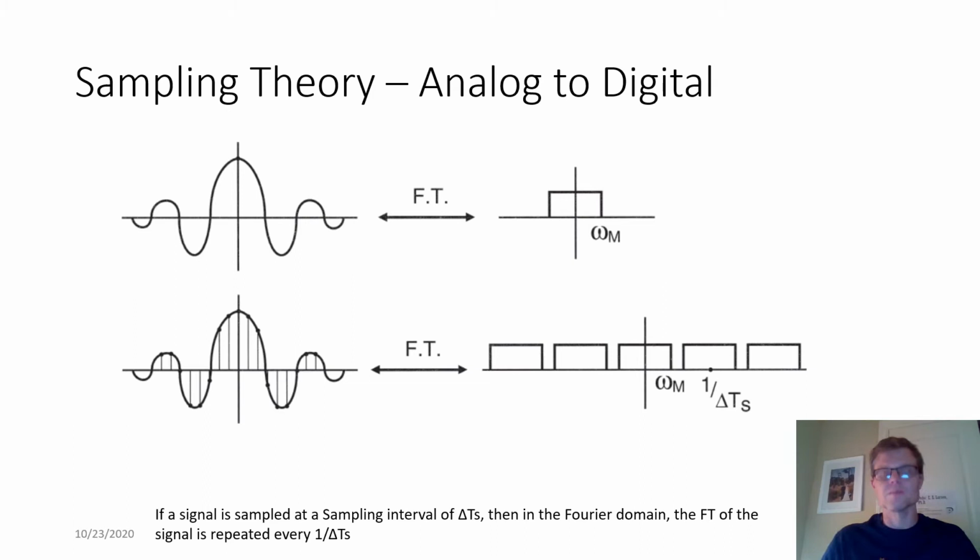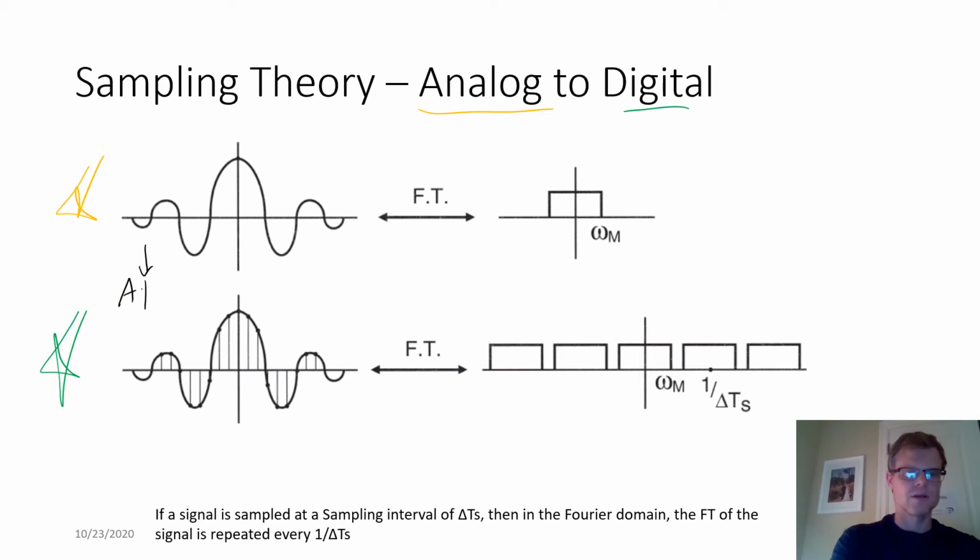And so there is some theory, sampling theory, associated with this process of going from an analog signal, which is the top line here, to a digitized or digital signal. And the process by which this occurs is the analog to digital converter, often abbreviated ADC.